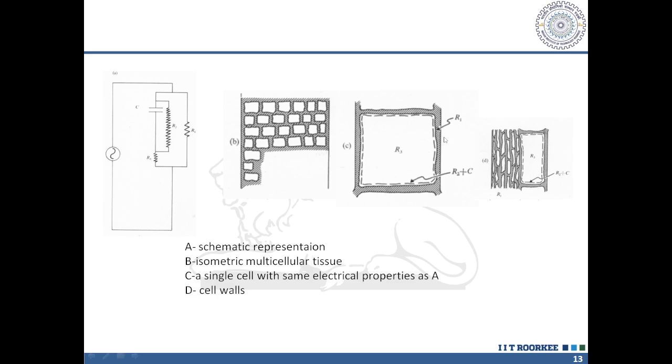There are different types of resistance shown there: R1 shows the resistance of all cell walls, and in the same way R2 shows the cell membrane resistance, C shows the capacitance of the membrane, and R3, at the last, is the cytoplasmic resistance of the equivalent circuit of all the actual cells.